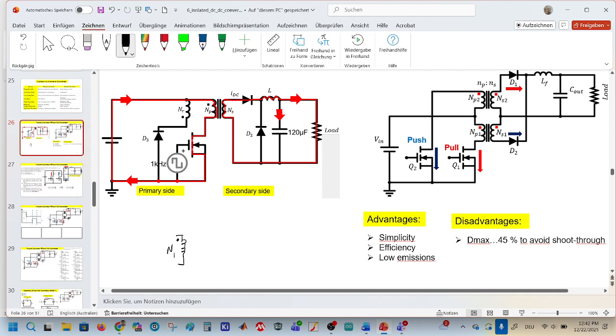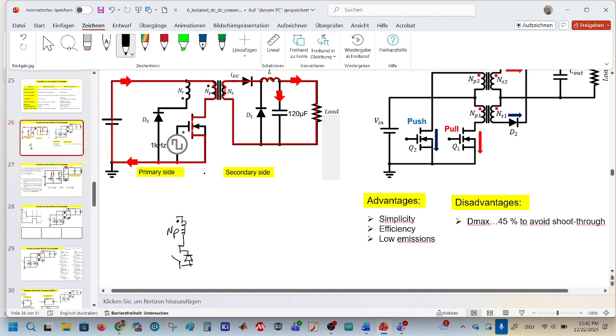This is the primary side of the transformer and connected to a switch, which is again connected to our source. And in the forward converter, we had another winding. It was used for reset, and the reset winding is necessary for demagnetization of the transformer, the core of the transformer.